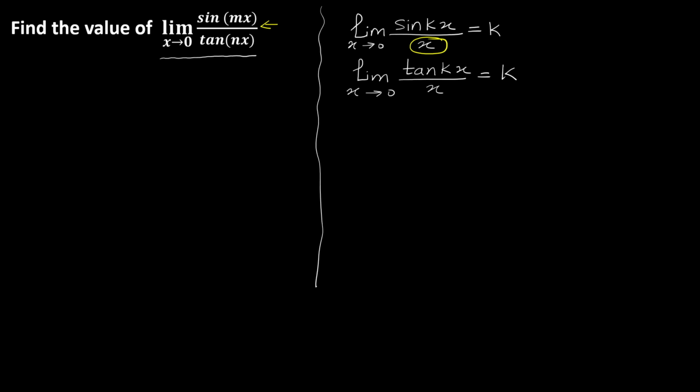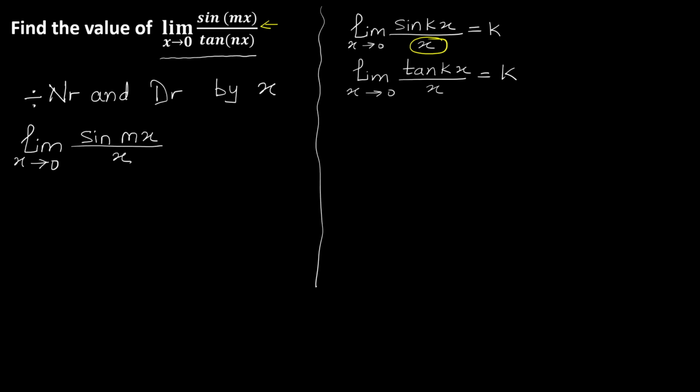So what I can really do is divide numerator and denominator by x, and my limit will become limit x tending to 0 of sine mx divided by x, divided by tan nx divided by x.